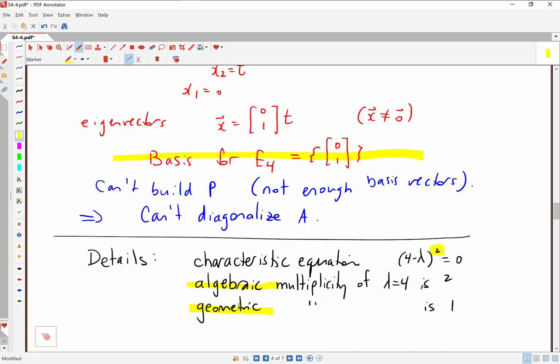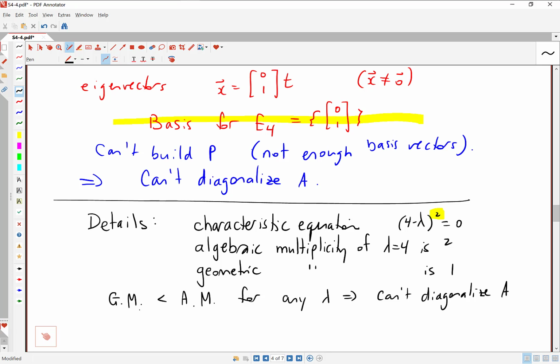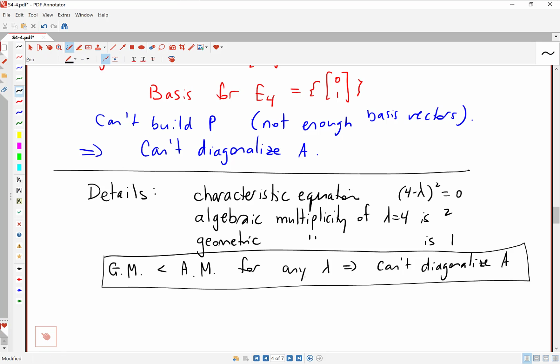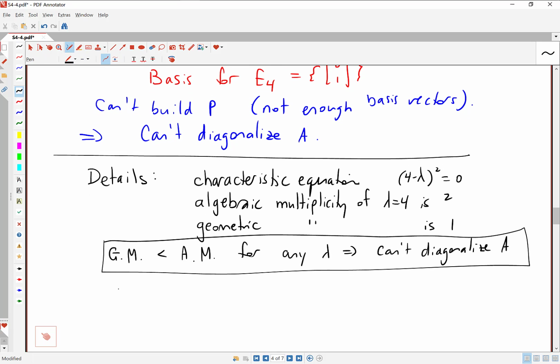We can't build P. So if your geometric multiplicity is less than your algebraic multiplicity for any of your eigenvalues, then you can't diagonalize A. If you rephrase this statement in a slightly different logical way, you could say that if A is diagonalizable, that implies the geometric multiplicity must be equal to the algebraic multiplicity for all your eigenvalues. So for every one, you must have enough basis vectors in that eigenspace.